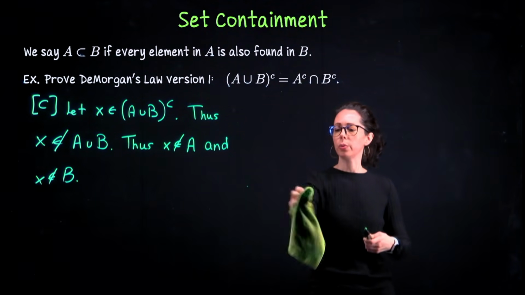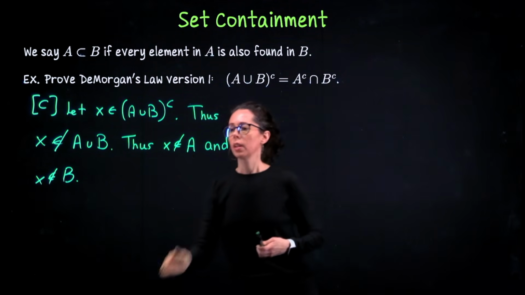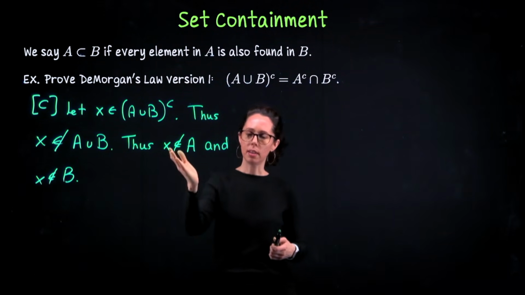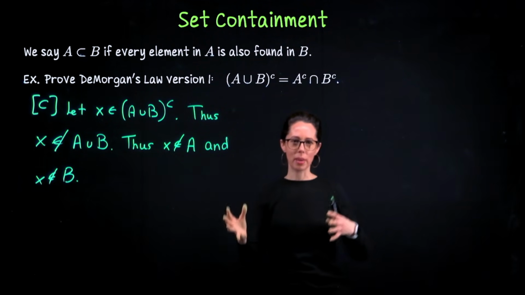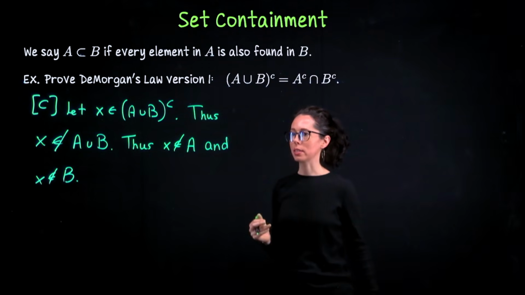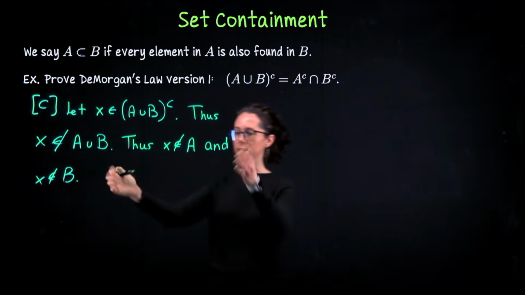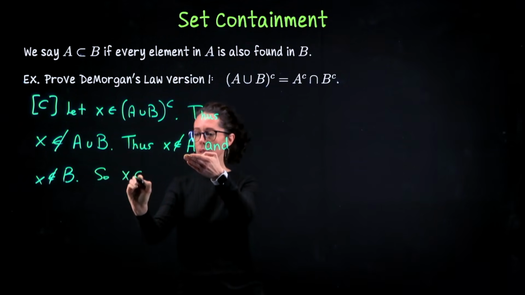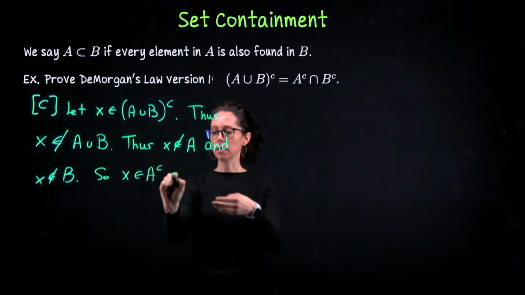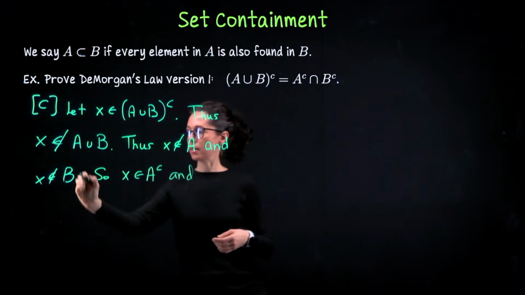Okay, and now I'm going to once again rephrase not being an element in terms of the complement. So this is a kind of unpacking of the complement versus being an element or not being an element of a set. Just restating the sentence right here: X is in A complement and X is in B complement.